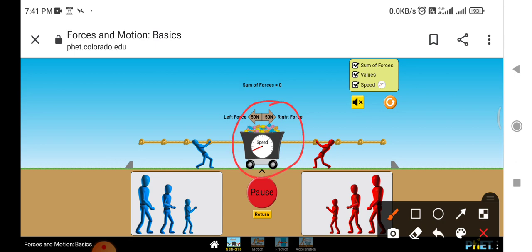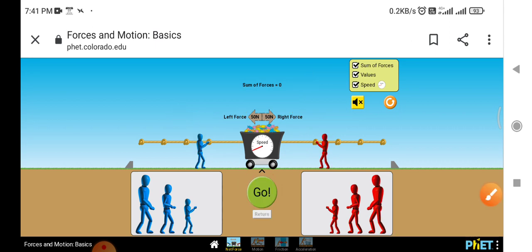So when we apply equal and opposite forces, that type of forces are called balanced forces. During balanced force, there is no movement of the object.